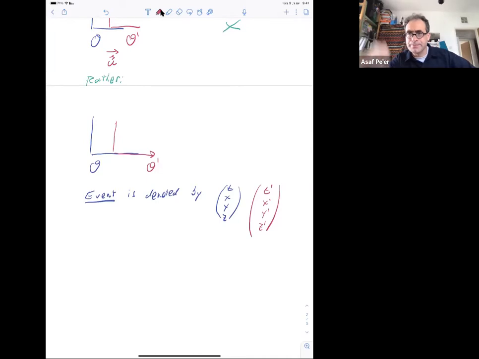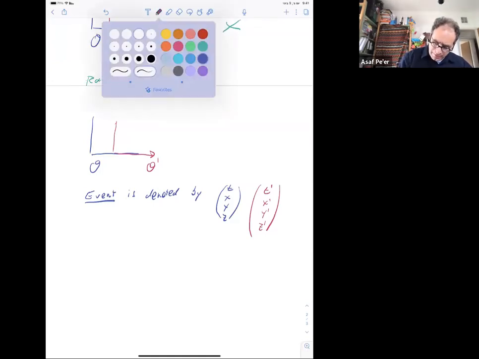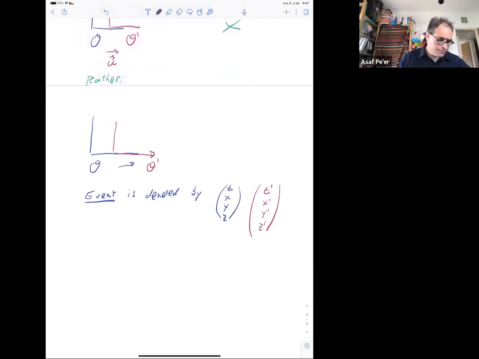Okay, fine, good. Now, we said that observer O prime is moving with respect to observer O at some velocity, let's say v or u. Let's say again that without loss of generality, at time t equal to t prime equal to 0, they both had the same origin.